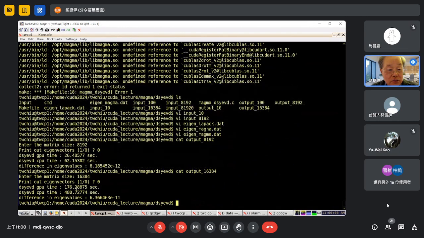You can see 176 and then 480. This is also 2 point something, but the speedup ratio is more than for 8192. Usually the matrix is much larger than this size, and then the difference between the CPU and GPU will be large.